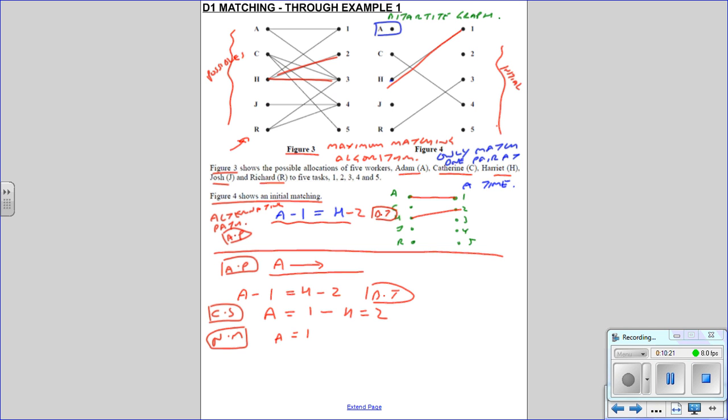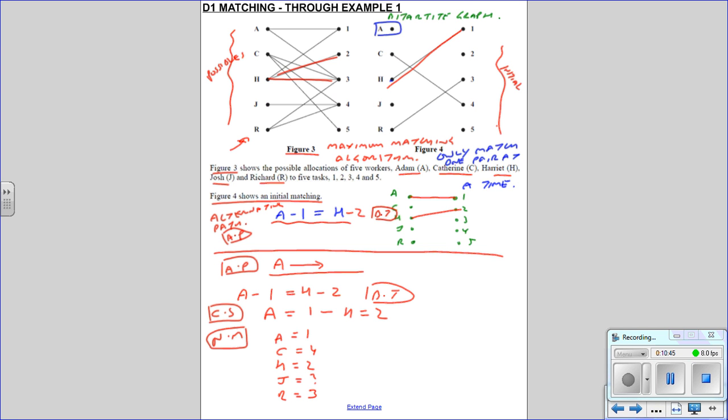Has C changed? No, C is still 4. H has changed, hasn't it? H is 2. J is still unmatched. And remember, we can't do that yet. We have to do another matching algorithm after this. And R is still 3. Do you see? So there's your new initial matching.